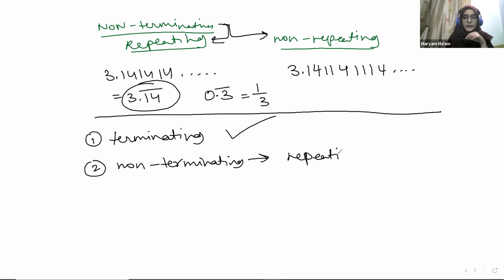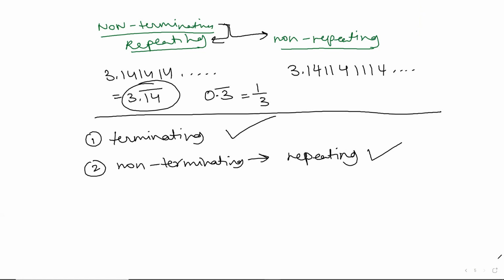So if it is non-terminating, then it should be repeating. Then this will be rational. Is this clear until now? Yes, ma'am.